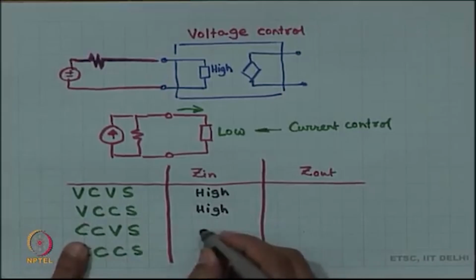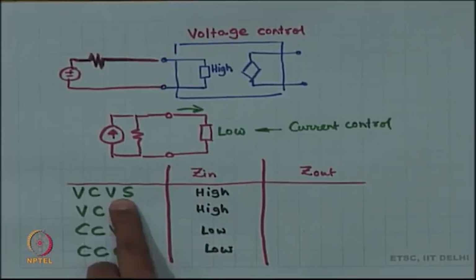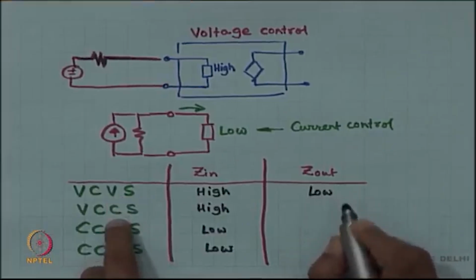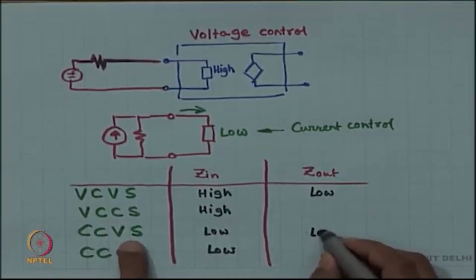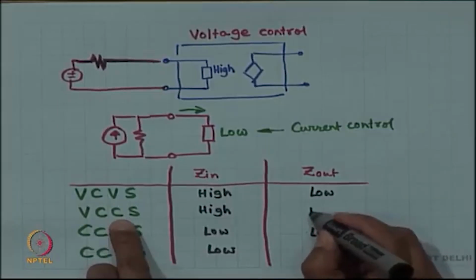Current control means the input impedance is low. And then if it is a voltage source, then the output impedance has to be low. If it is a current source, then the output impedance has to be high.